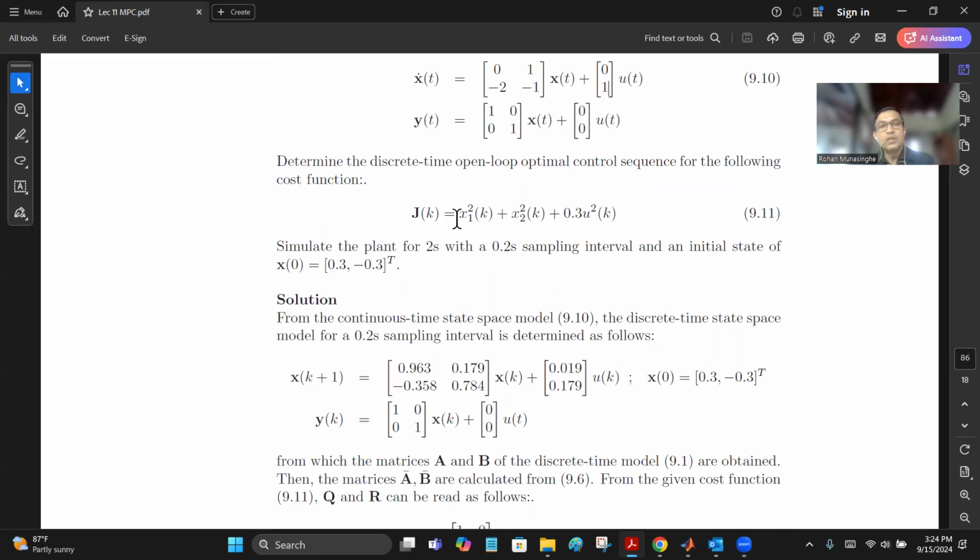For optimization, you need the cost function. It is also given in this example. What is the instantaneous cost, JK? It's x1 squared plus x2 squared, so both of the state variables are squared and added to 0.3 of the control signal squared. So it looks like your control effort is not very expensive here, therefore you only take 0.3 of that, but your first state variable may be position error, and the second state variable may be velocity error, which are important.